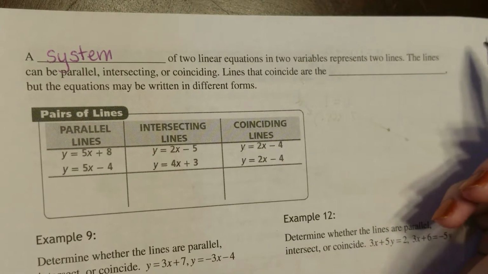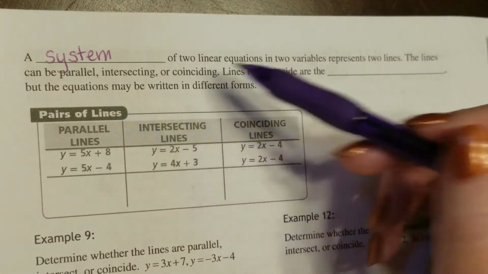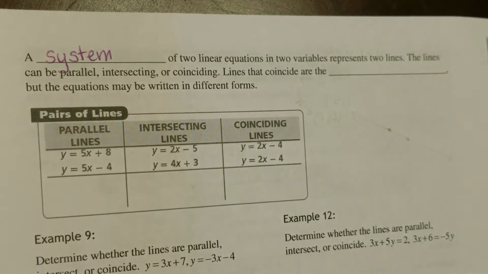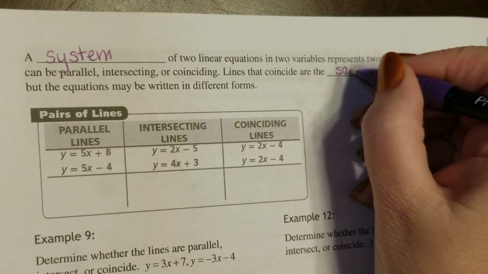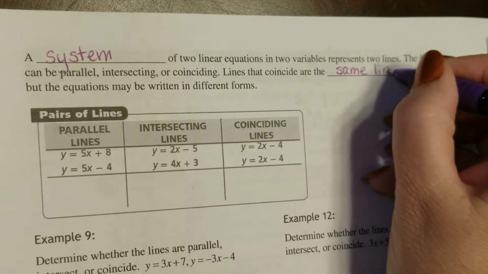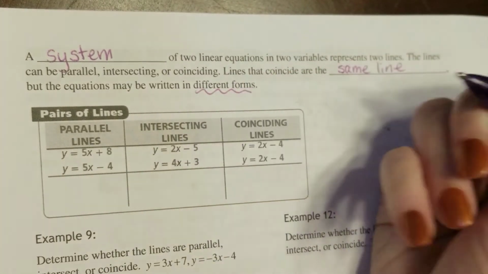So in that system, the lines can be parallel, intersecting, or coinciding. Now, lines that coincide are the same line. Now, that same line can be written in different forms.